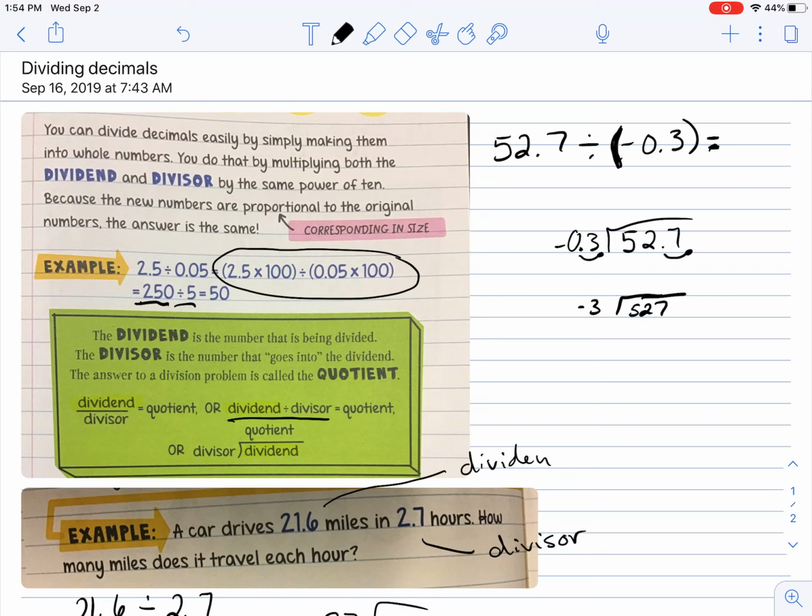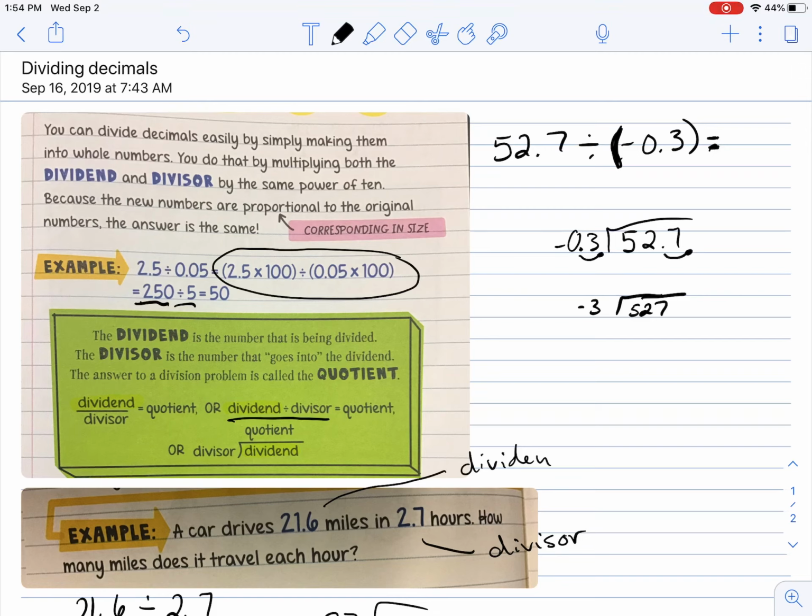Let me move that down. We get rid of the decimals, which makes it look a whole lot easier. We're going to continue this until either it repeats or it terminates. 3 can go into 5 once. 3 times 1 is 3. The remainder is 2.